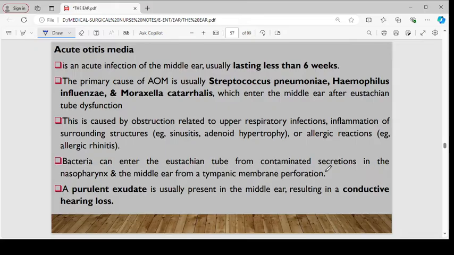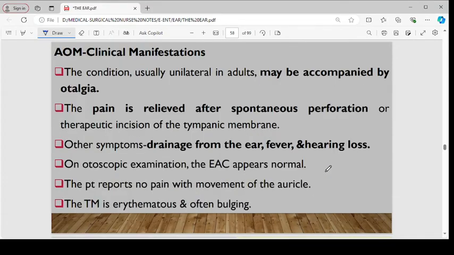Then you have a purulent exudate, usually present in the middle ear, resulting in a conductive hearing loss. This condition usually is unilateral in adults and may be accompanied by otalgia. The pain here is relieved by spontaneous perforation or therapeutic incision of the tympanic membrane.